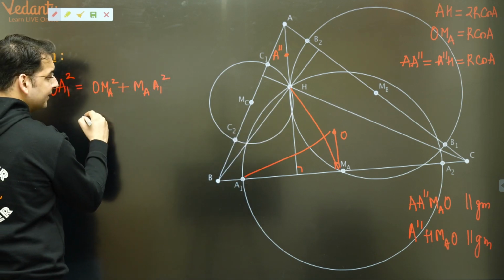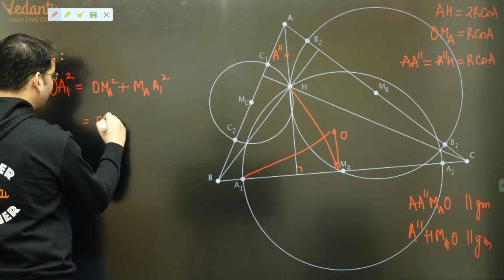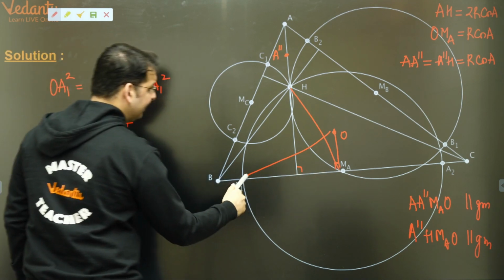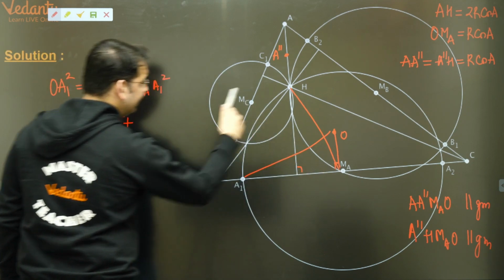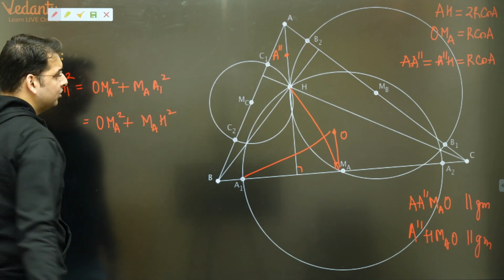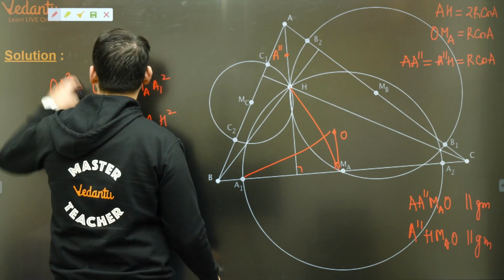So we have OMA square plus MA A1. Can I write MA A1 as MAH whole square? MAH whole square. So now what do we have?